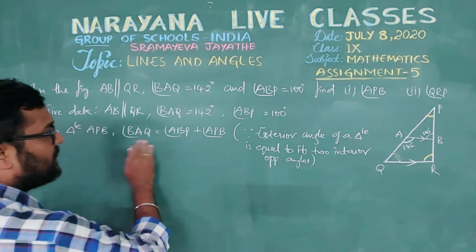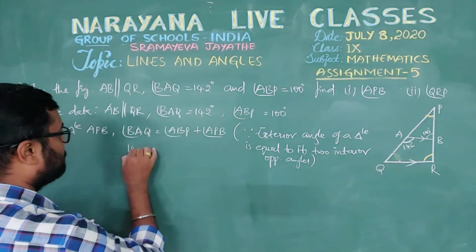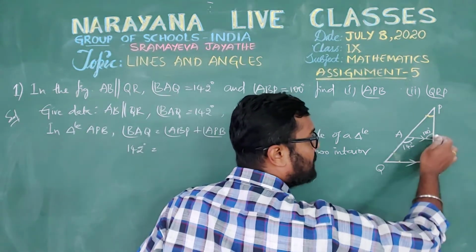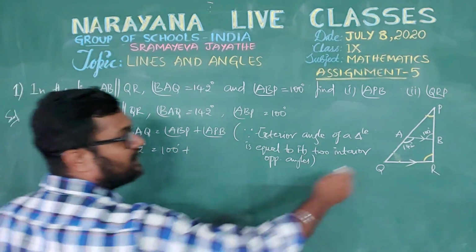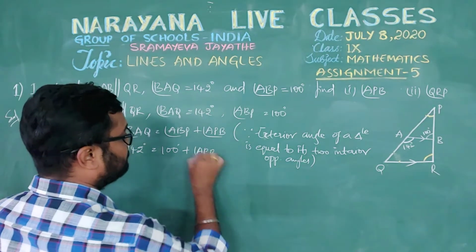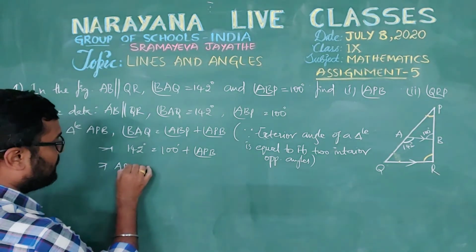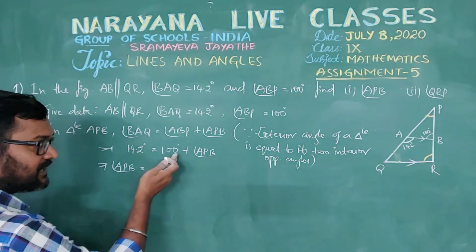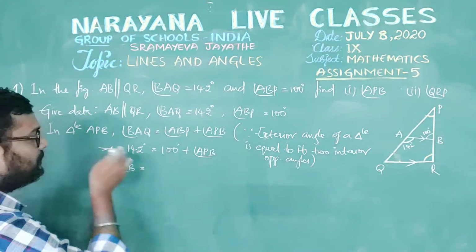Now here, what is angle BAQ? BAQ is 142 degrees. Angle ABP is 100 degrees, plus angle APB, which we don't know and need to find. Keeping angle APB on the same side and transposing this 100 degrees to the other side, plus 100 becomes minus 100.